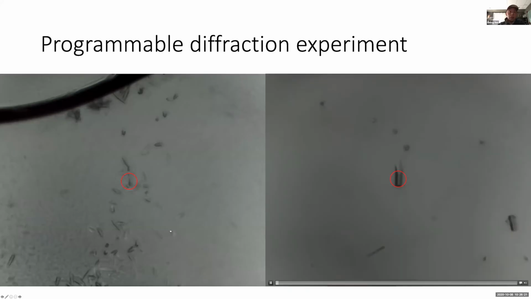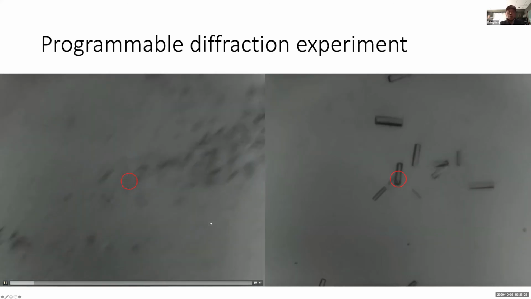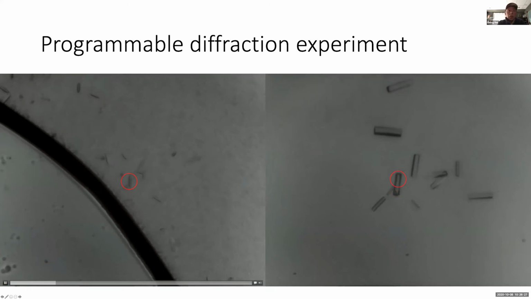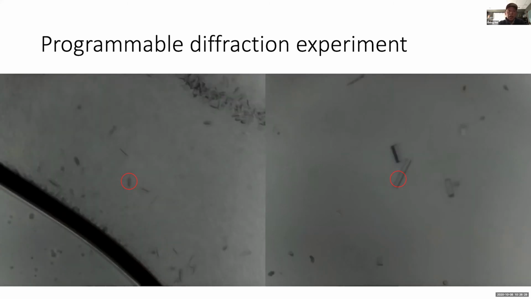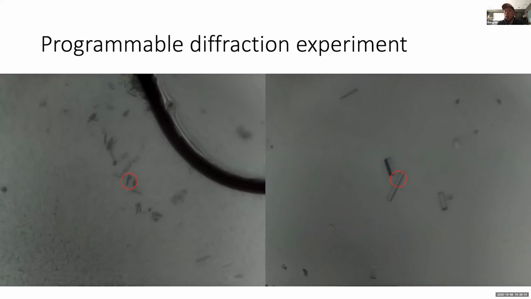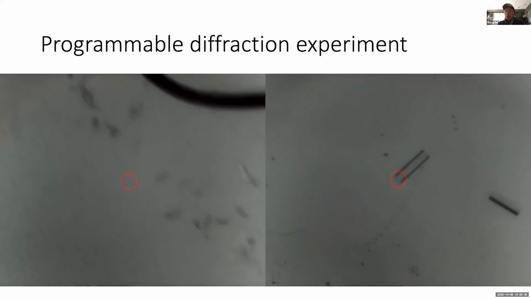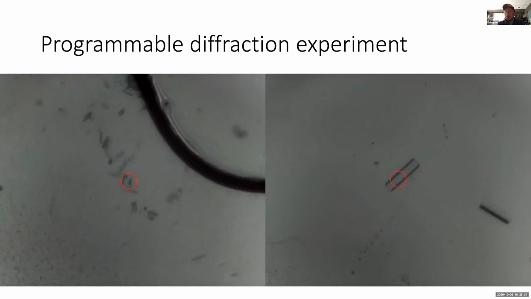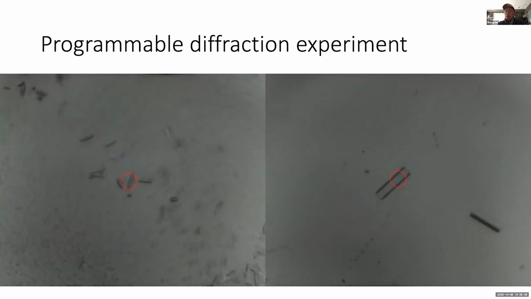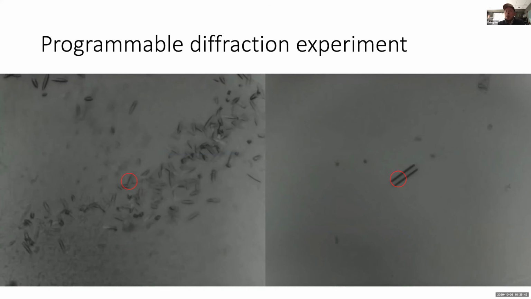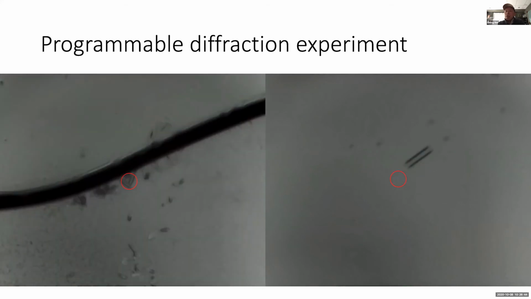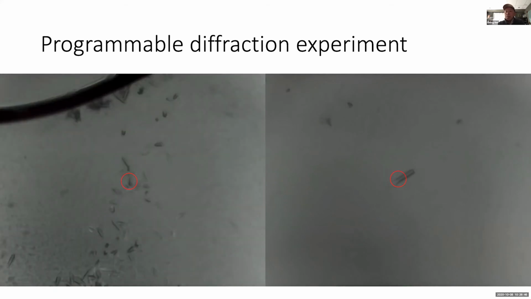And then these are two movies. I hope you are seeing them. They should be playing at the same time. So you can see this is actually during the data collection. The device is translocating to visit each target that we planned.